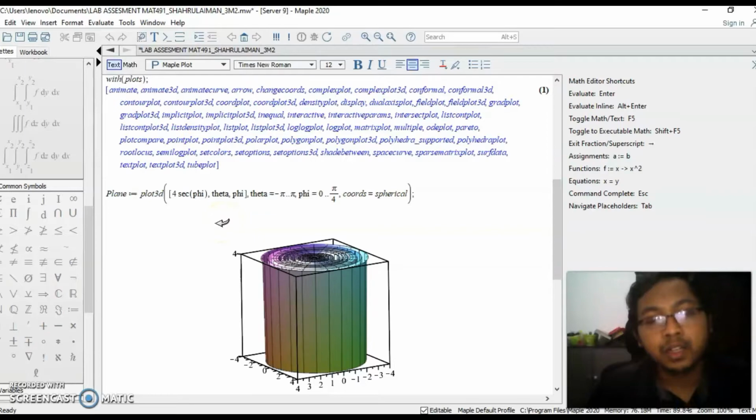Why do I use phi here and not pi over 4? It is because this command is used to find the shape of the plane z equal to 4, not the cone. So theta ranges from negative pi to pi, and phi I will put between 0 and pi over 4. The coordinates are also spherical.